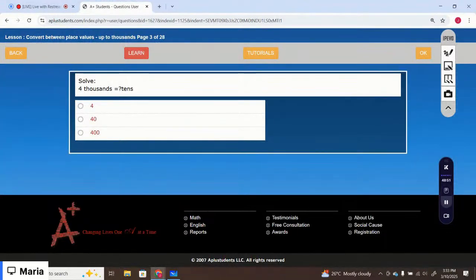Four thousand is equal to how many hundreds? 4,000 is equal to 400 hundreds. Option number 3 is the correct option.